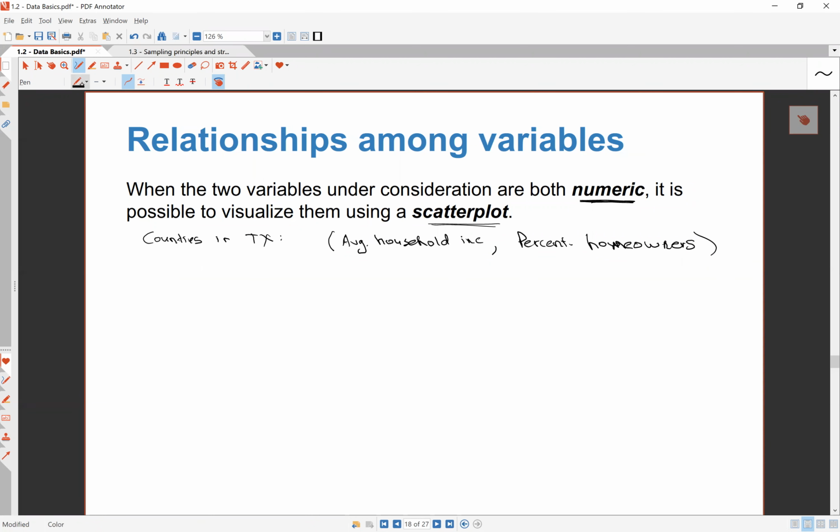And so we can write down data values, right? We can say 42,000 average household income, 15% home ownership. 48,000 average income, 20% home ownership. 36,500 average income, 18% home ownership.